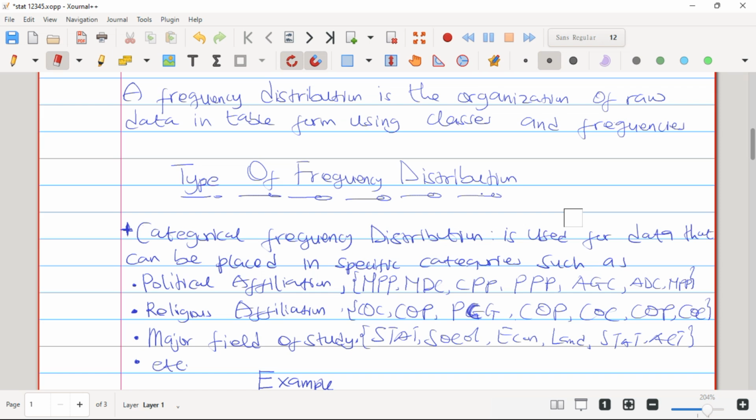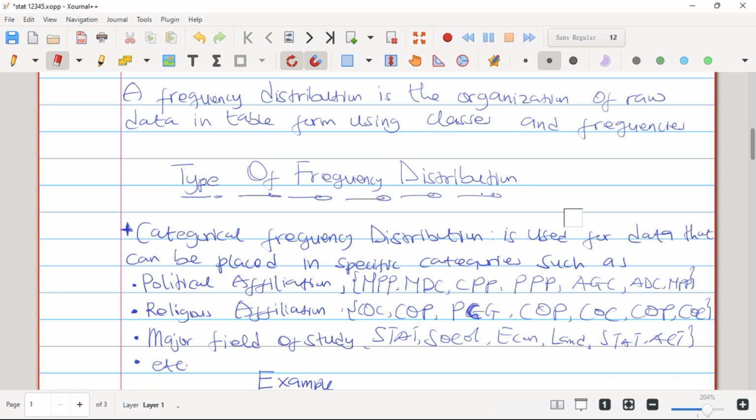This can be just a raw data given to us of a given religious affiliation, right? And this raw data is in the form of a category, and we use the categorical frequency distribution to construct such a frequency distribution, right? And then we can also have the major field of study.